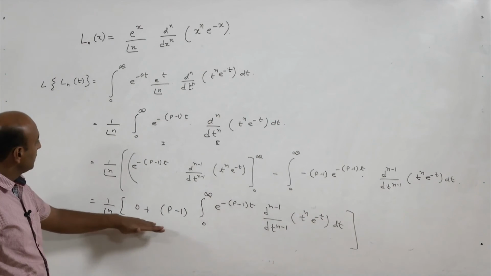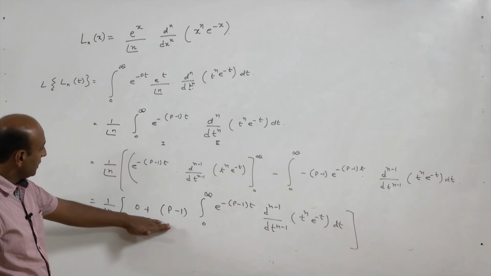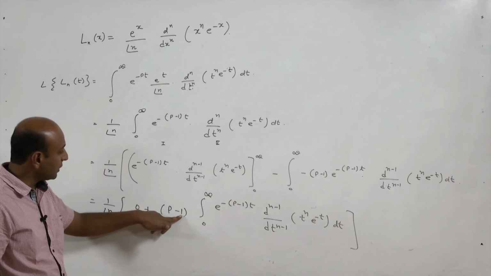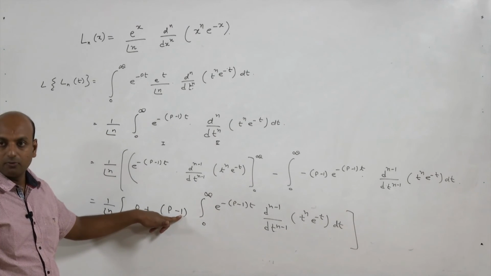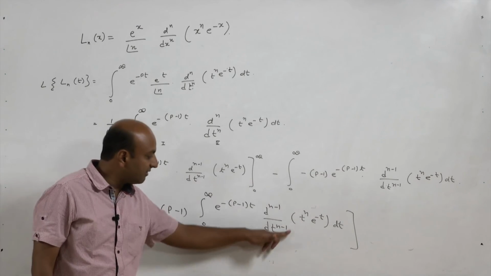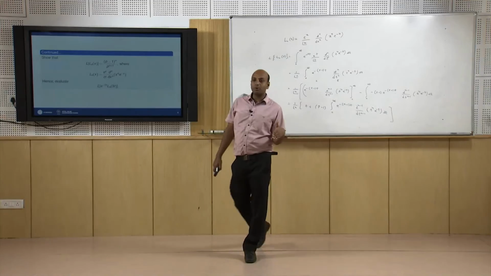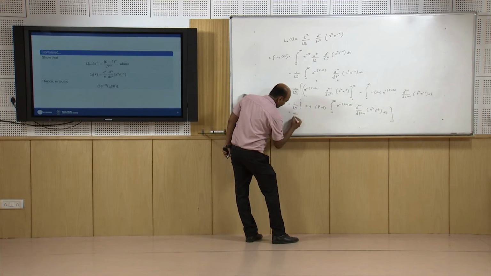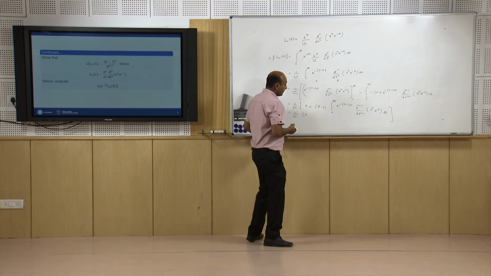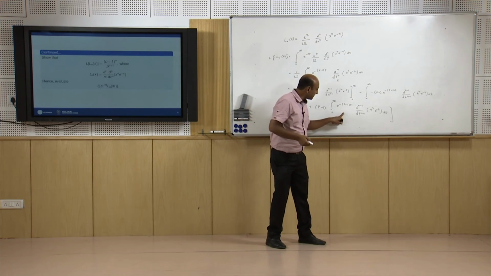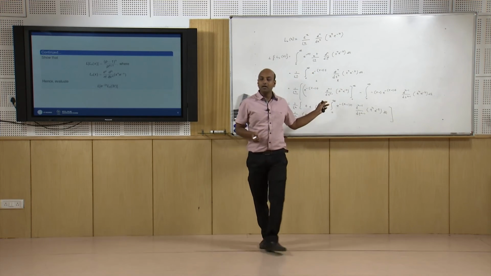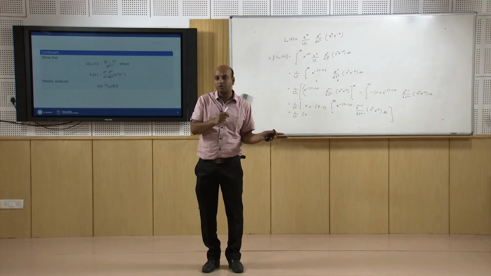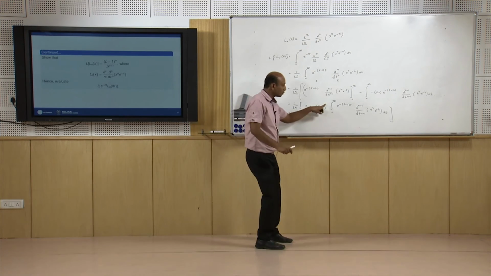So, we have observed that when we integrate the first time, p minus 1 comes out once, and the n minus 1 derivative comes here. If we repeat this process n times, then if we integrate again a second time, taking this as the first function and this as the second function, we again take one more power of p minus 1 outside the bracket, so p minus 1 whole square will be here.